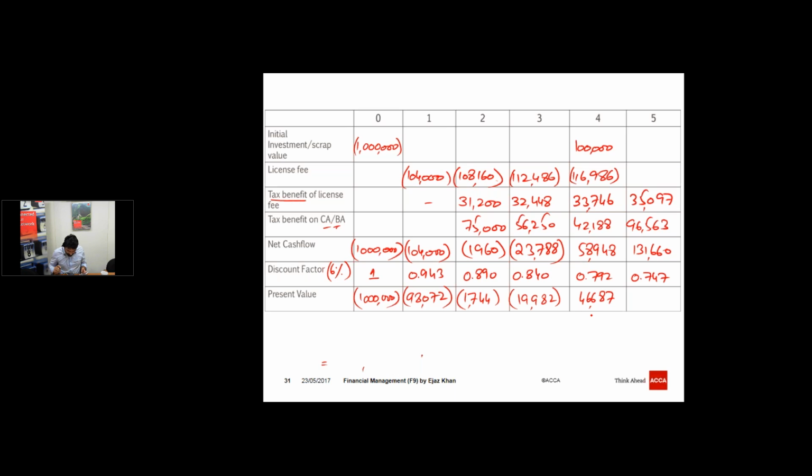Positive. And what about last year? 98,350. Okay. Now add all these figures. Add the negative ones and subtract the positive ones. And tell me what's the value.